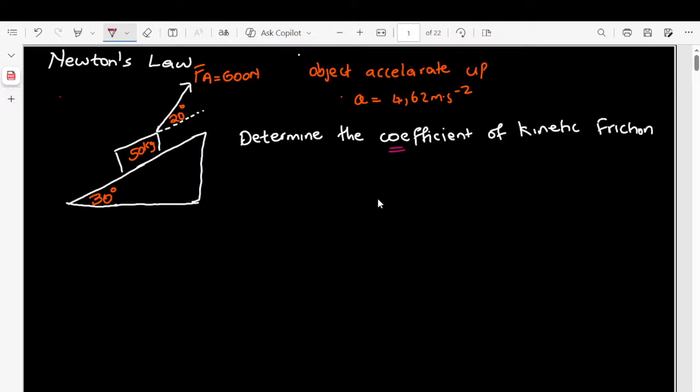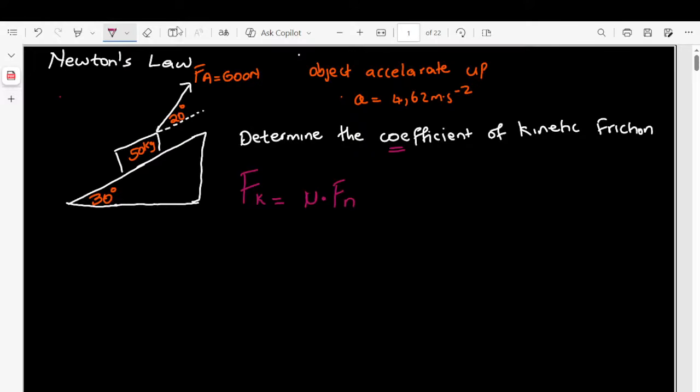You'll find Fk, the kinetic friction. The formula we use is the coefficient multiplied by the normal force. I think this makes sense. So we have Fk equals the coefficient times the normal force.